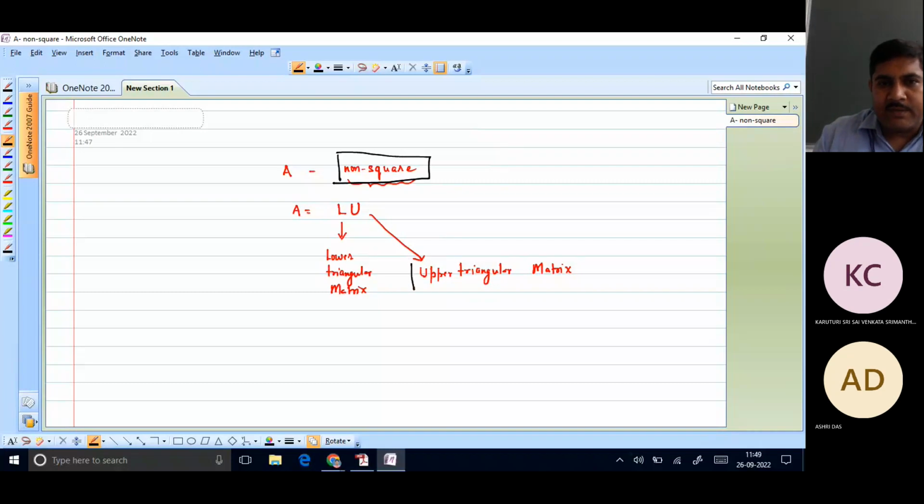then instead of requiring an upper triangular matrix, we only put the restriction of requiring U to be a matrix in row echelon form. So here I assume that U is a matrix in row echelon form.